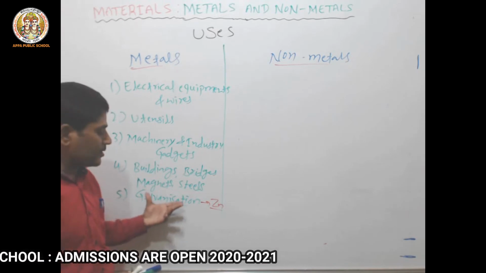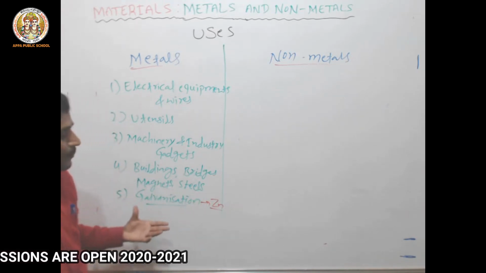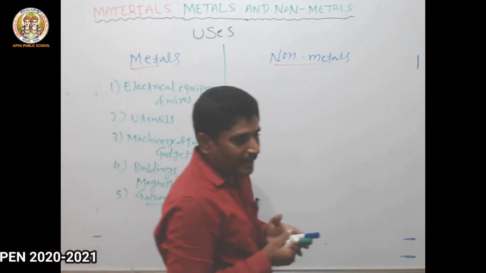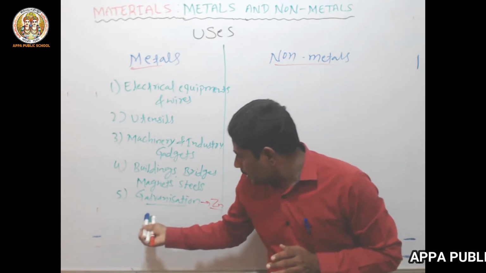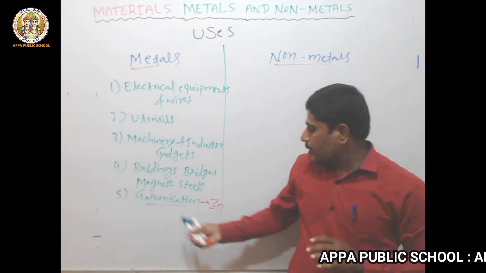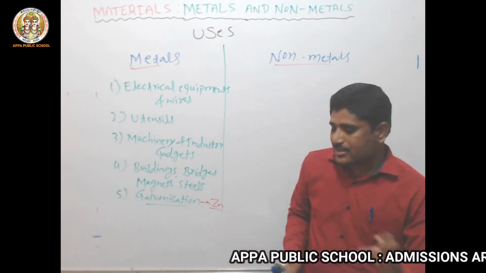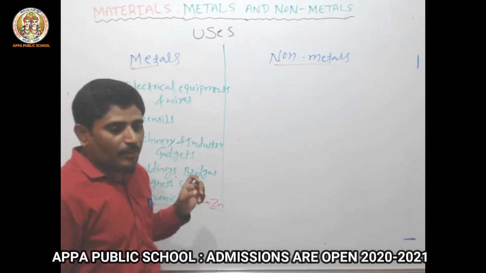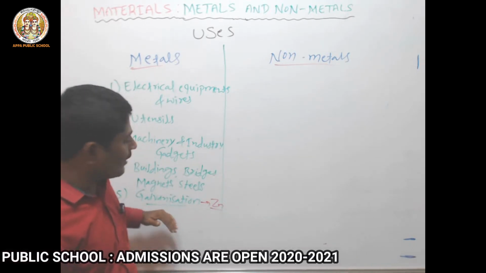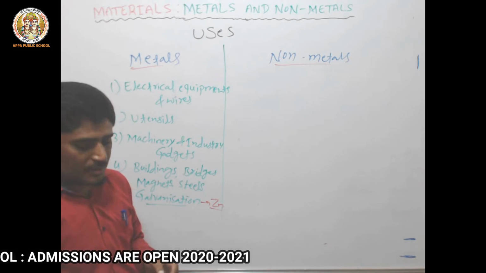To avoid the contact between oxygen and iron, we are going to galvanize the metals. Zinc is the metal we are going to use for the galvanization process, isn't it?